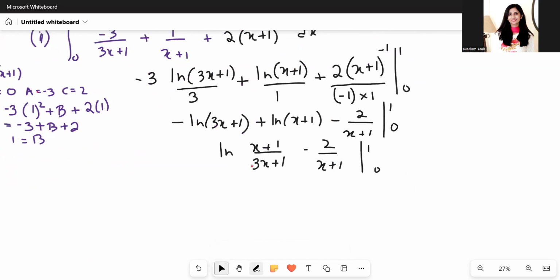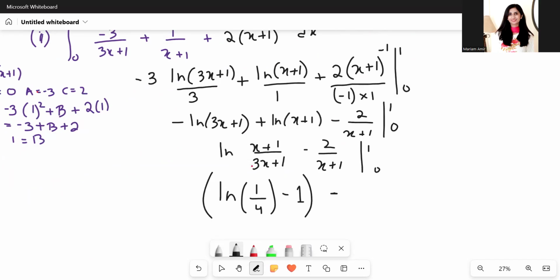So when we substitute 1, we get ln, that becomes 1, and this becomes 4, and minus 2 upon 2, which is 1, first bracket, minus, when we substitute 0, we get ln 1, minus just 2, and ln 1 is already 0.